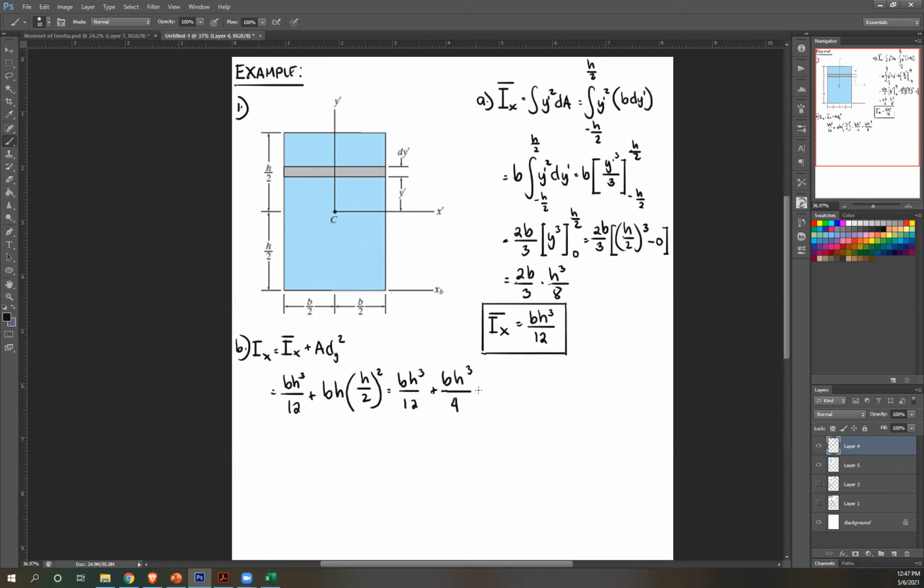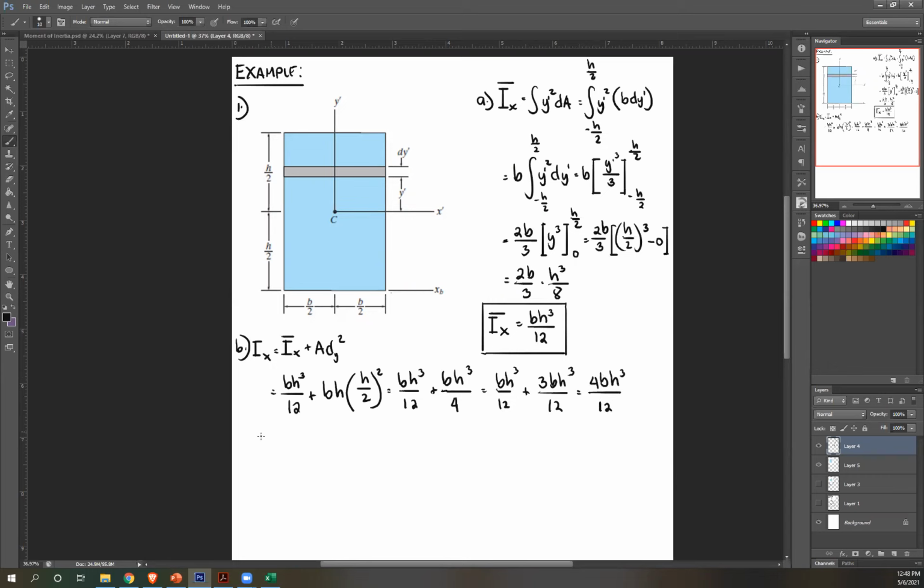Multiplying both of these by 3, bh cubed over 12 equals 3 bh cubed over 12. Again, I multiply numerator and denominator by 3 so that they have the same denominator, so I can just add them. So bh cubed plus 3 bh cubed is just 4 bh cubed over 12.